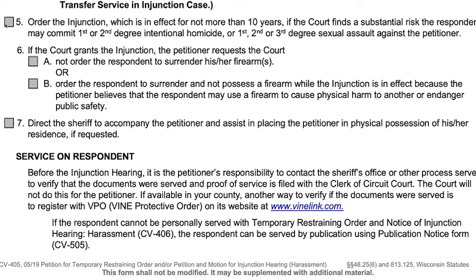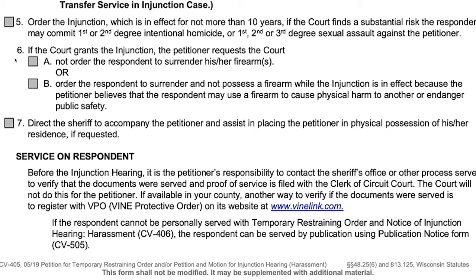If you believe that the respondent is going to try to kill or sexually assault, you could click on this. But this is only for homicide or sexual assault. This is not somebody calling you too often. This is a very serious request. So if you ask that, you need to have facts to back up your request to the court.